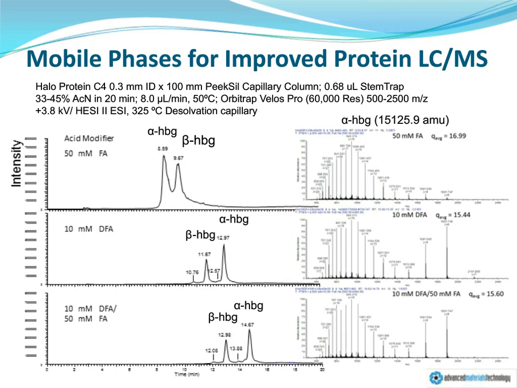Well, here's an example showing separation of hemoglobin subunits, comparing formic acid under desirable formic acid conditions, that is about 50 millimolar, or 0.2%, and you can see fairly broad peaks compared to 10 millimolar difluoroacetic acid, shown in the middle panel, or a mixture of difluoroacetic acid and formic acid in the bottom panel.